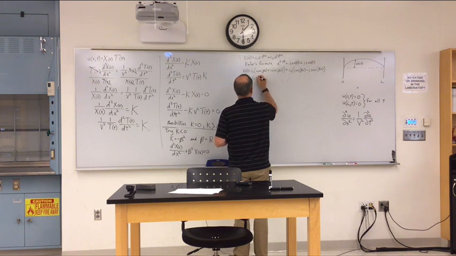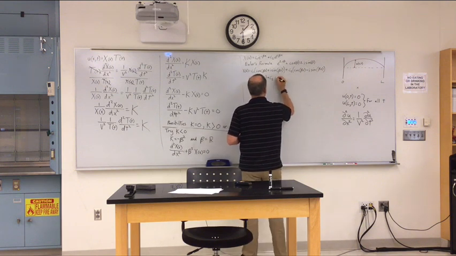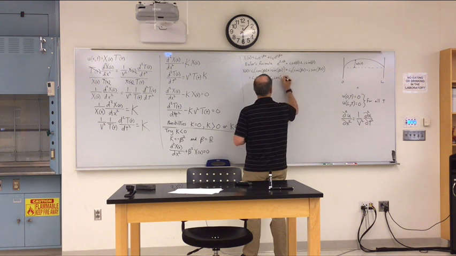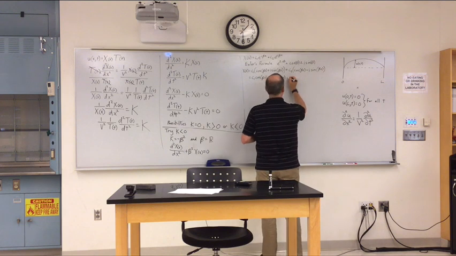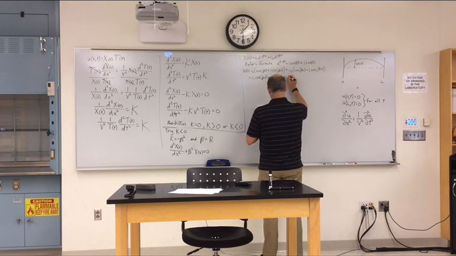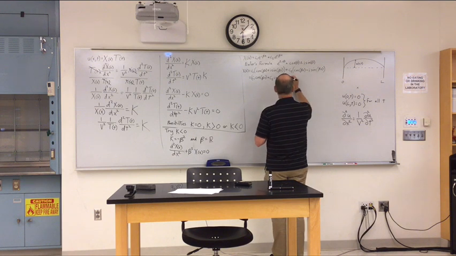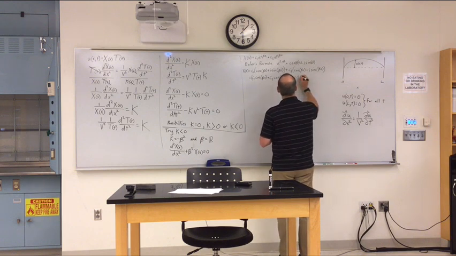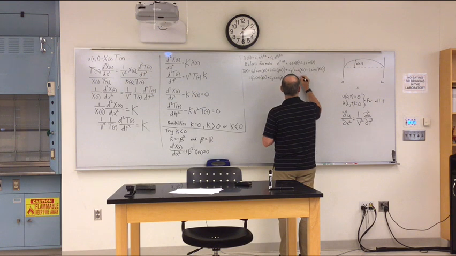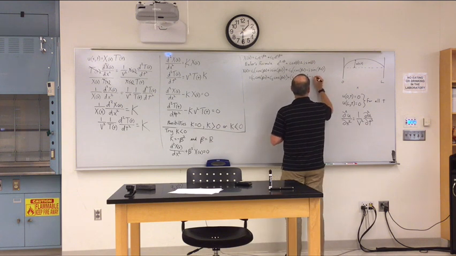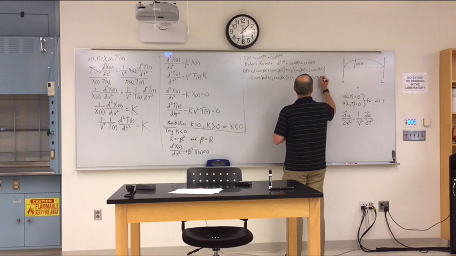That would be C1 cosine beta x plus C2 cosine beta x, plus C1 i sine of beta x minus C2 i sine of beta x.